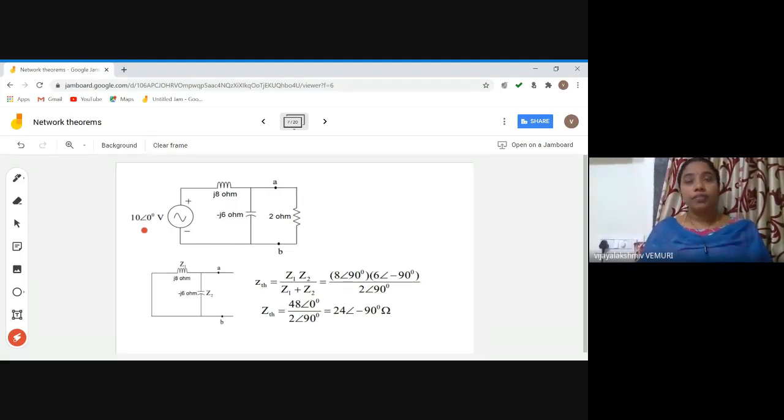So the voltage coming to our household is single phase 230 volts, 50 hertz supply.